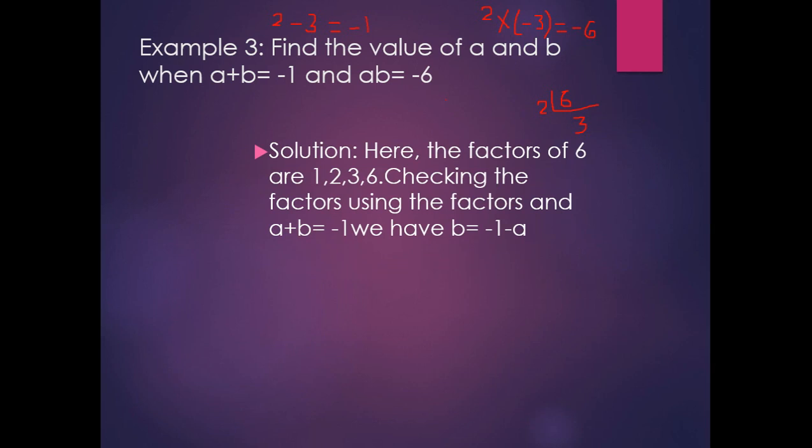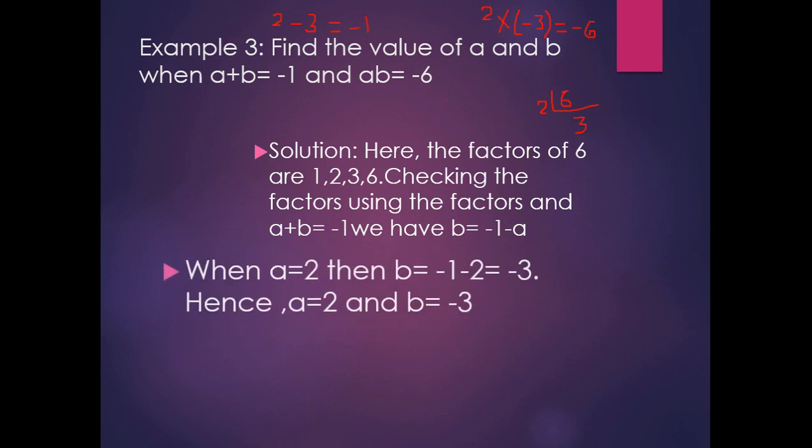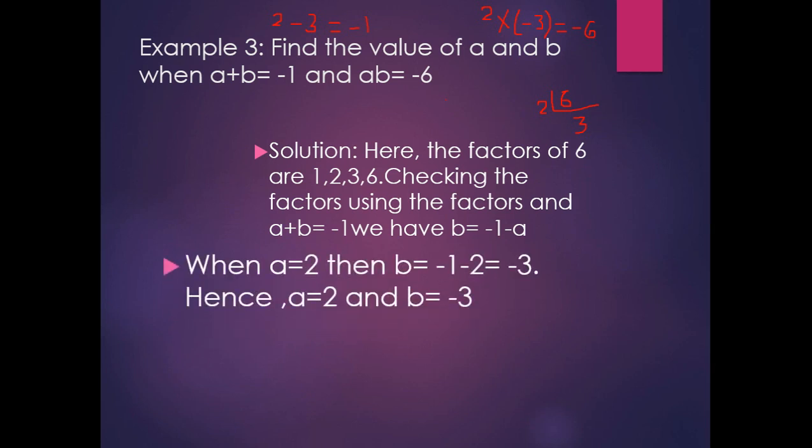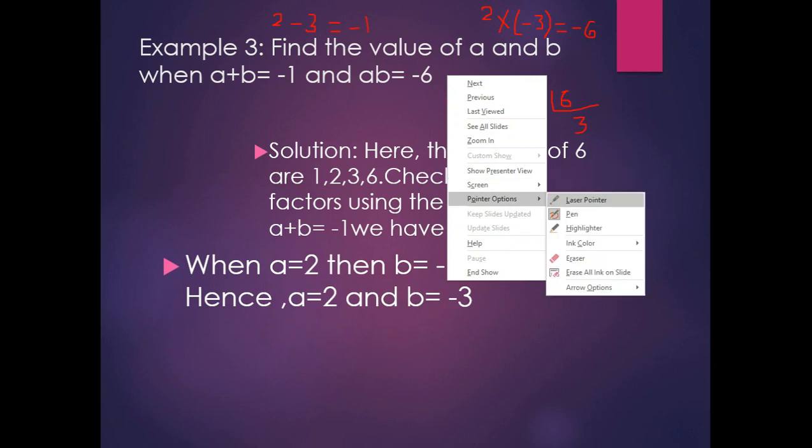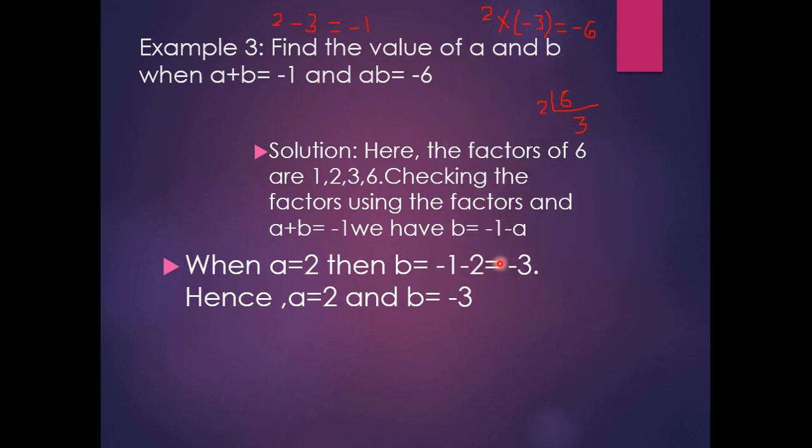Checking using the factors, A plus B equals -1, so B equals -1 minus A. When A equals 2, then B will be -1 minus 2, that will be -3. So just by observation or by this process we can get the value of B as -3. Hence A equals 2 and B equals -3.